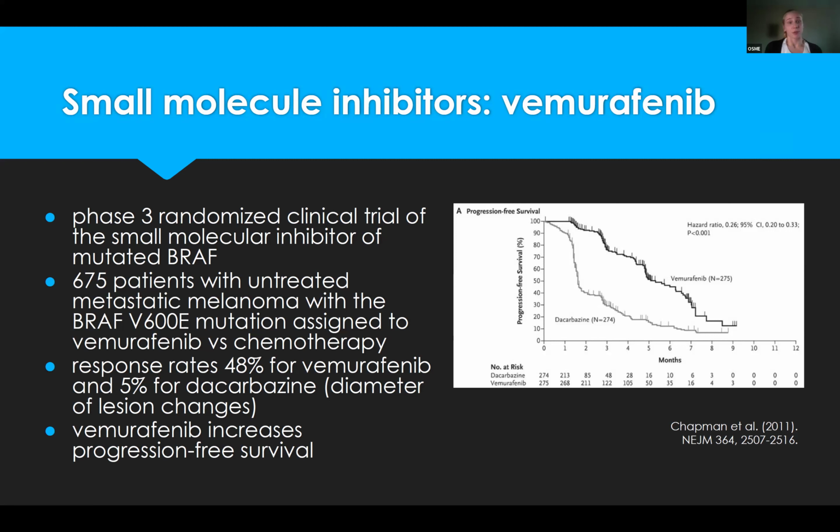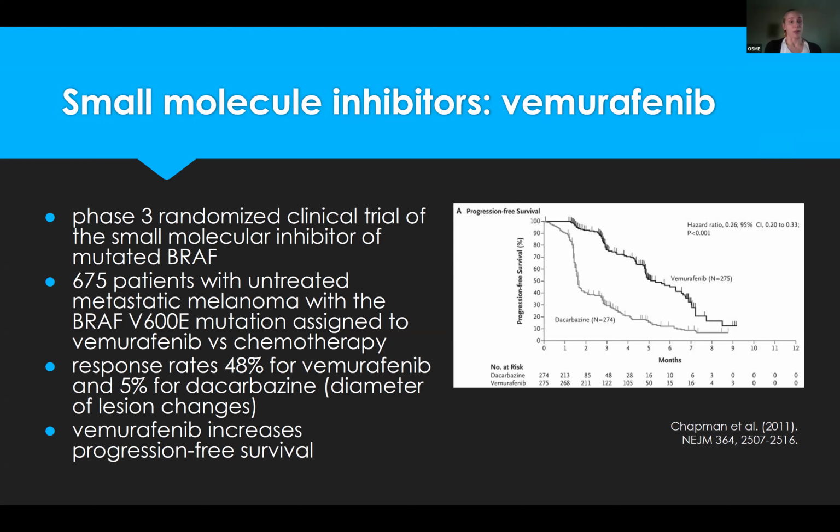As the majority of you probably know, phase 3 trial is the last compulsory stage of the drug development pipeline before the drug can be officially approved. There are phase 4 trials as well, but those can happen after the drug has been officially approved. And in this phase 3 trial, which involved 675 patients, groups were compared who received vemurafenib as the small molecule inhibitor and chemotherapy.